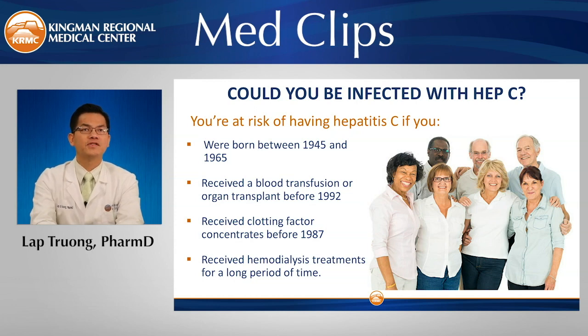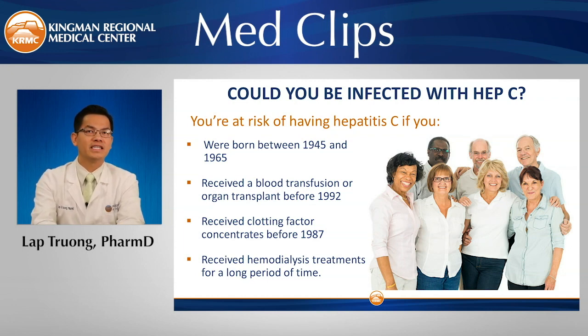Another risk is receiving a blood transfusion or organ transplant before 1992. The reason is that the medical equipment was not as good as what we have now, including for people who received blood clotting factors. For example, when they have some kind of factor deficiency and they bleed, they need clotting factor.